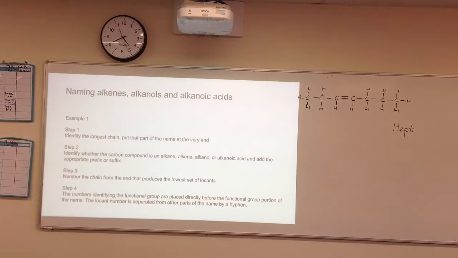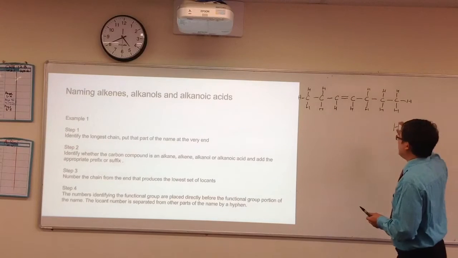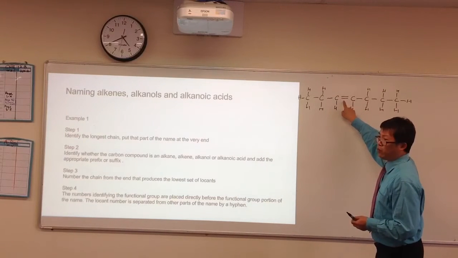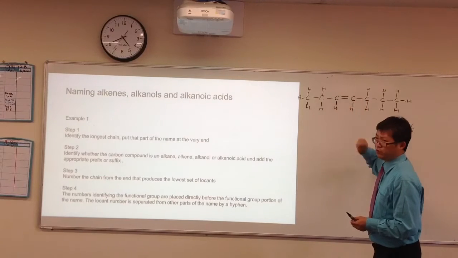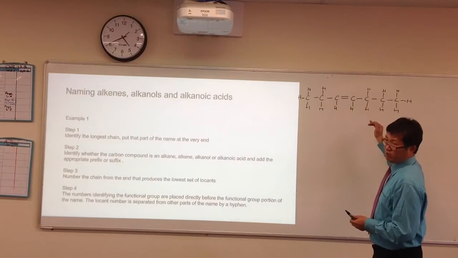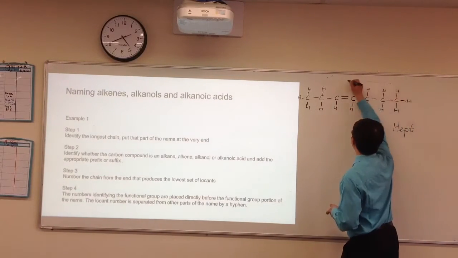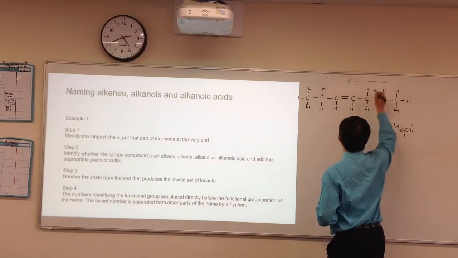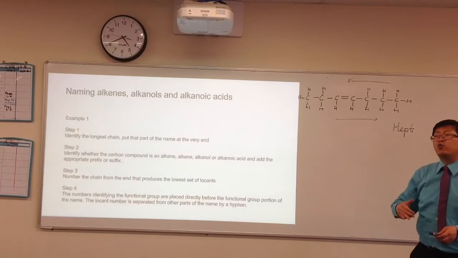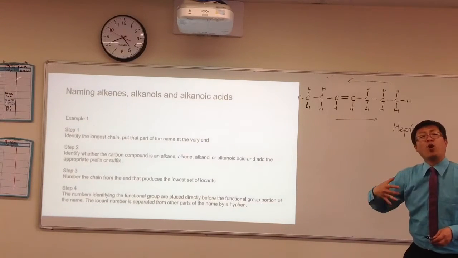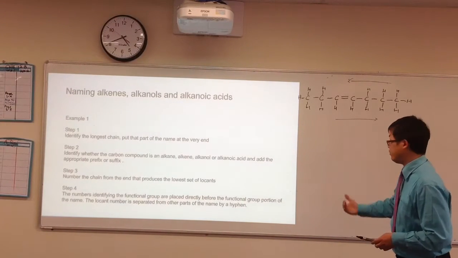So let's think about how you actually identify this properly. When you try to identify the place of this double bond, obviously you identify by the associated carbon that it's attached to. Now there are 2 ways of counting. You can either count from this way or this way. But the correct way to do it is to identify which one gives you the smallest possible locant, or series of locants.